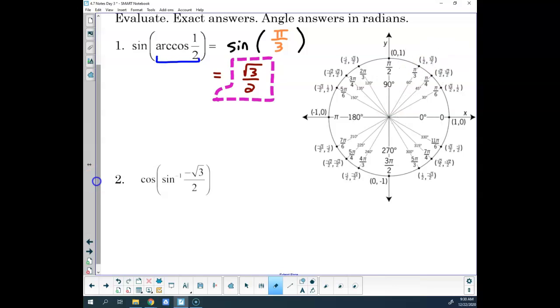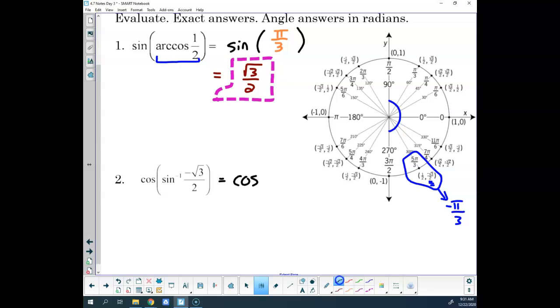Now, second one. Inverse sine of -√3/2. Inverse sine is dealing with the right half of the unit circle. The sine value of -√3/2 is right down here, but it's not 5π/3. It's -π/3 because we have to stay within the -π/2 to π/2 range of values.